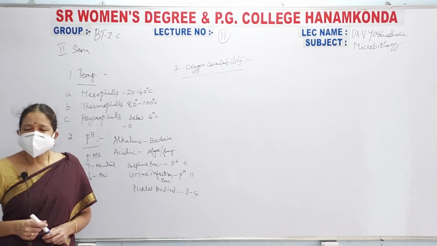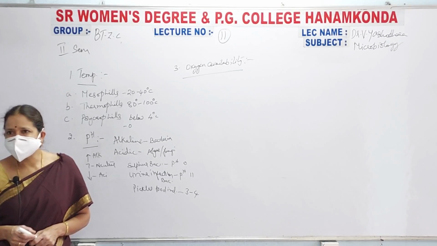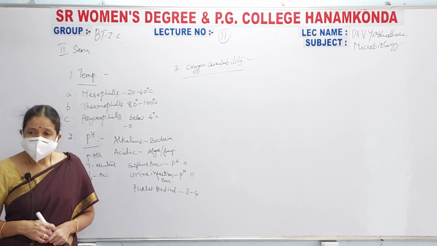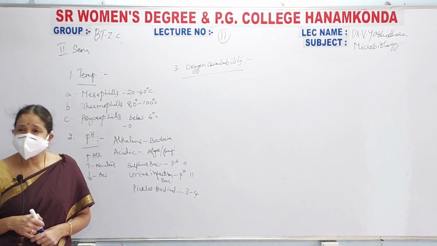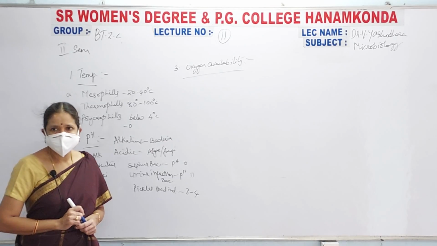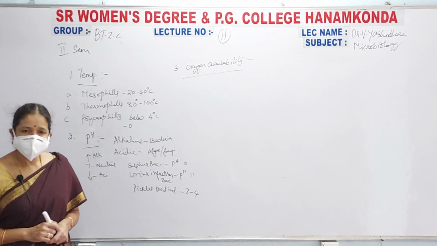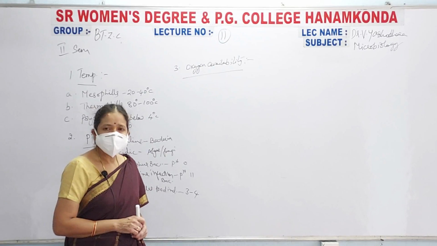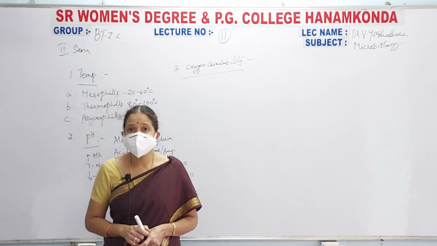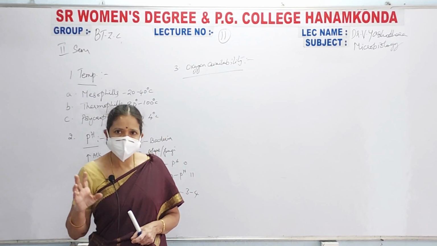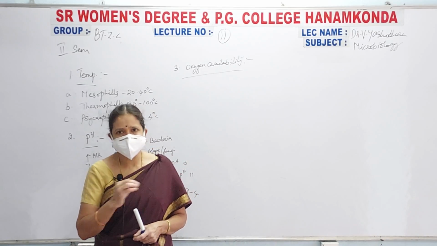All of you know that oxygen is essential for all living organisms, but there are certain organisms which do not require oxygen. Organisms which grow in the absence of oxygen are called anaerobic. You must have studied it since your childhood.